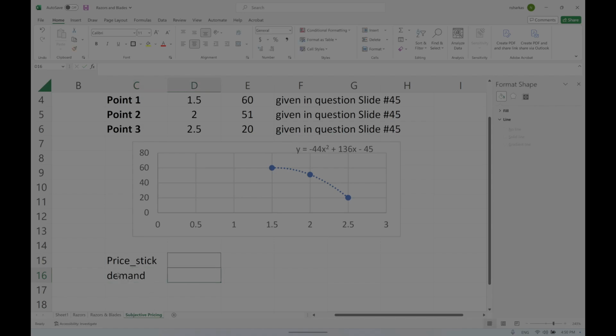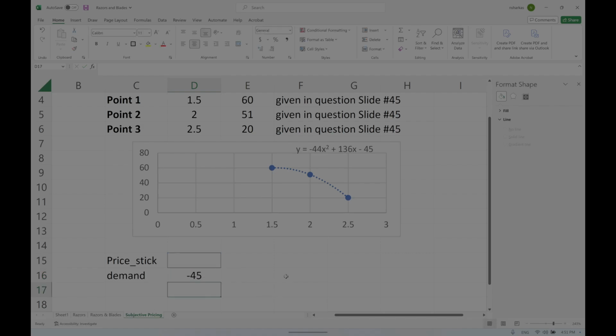The demand is going to be equal to minus 44 times the price of the stick to the power of 2, plus 136 times price minus 45. And that would be the demand function.